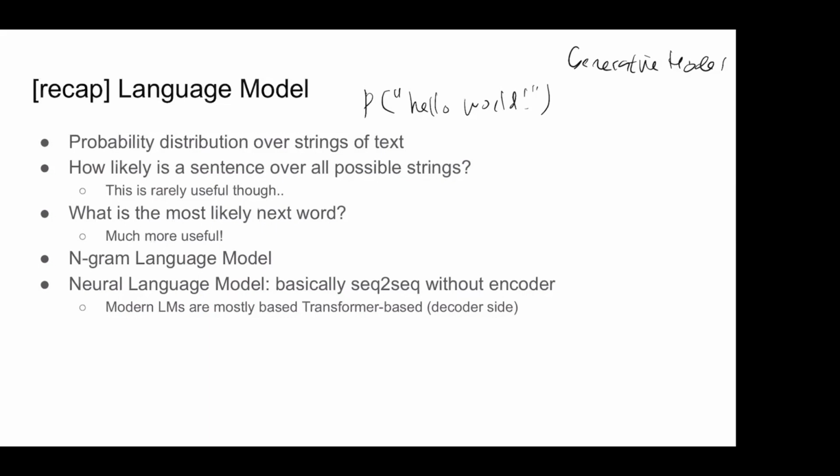And we showed that what we're interested in is usually the probability of the next word being world, given that the current word is hello. And this is exactly by Bayes' rule. Very easy thing, right? What's the probability of hello world over the probability of hello?